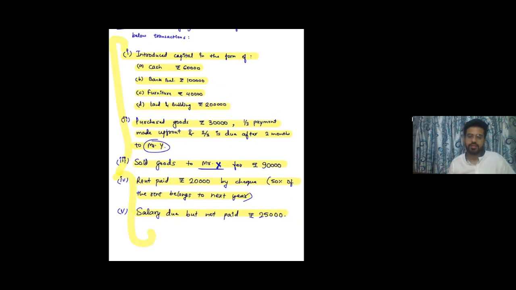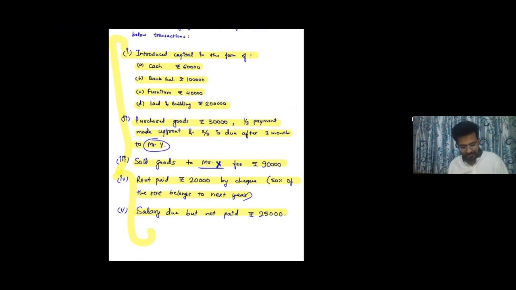Today will be an extensive lecture where we will discuss all these journal entries, then the ledger postings, then the trial balance, and then the last part, the balance sheet and P&L preparation. There is too much to do, but we can start with this one.